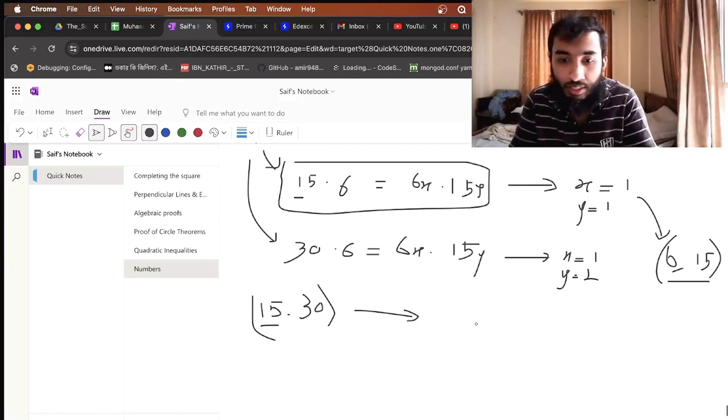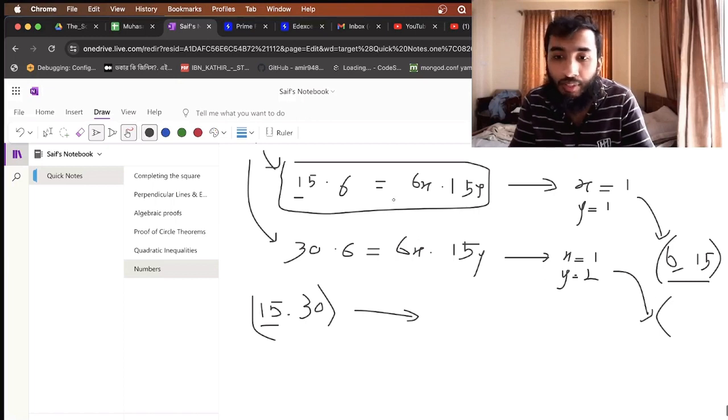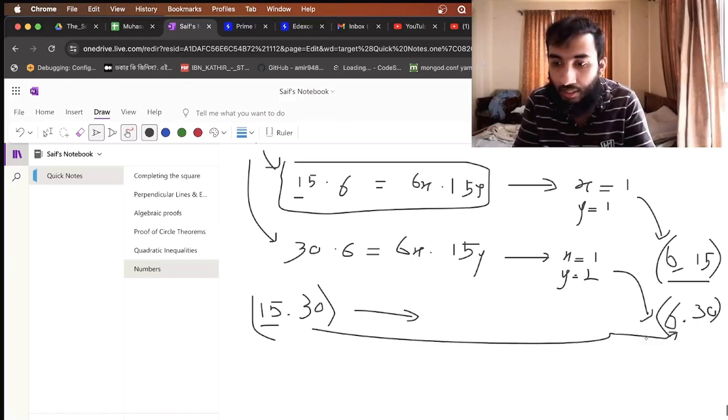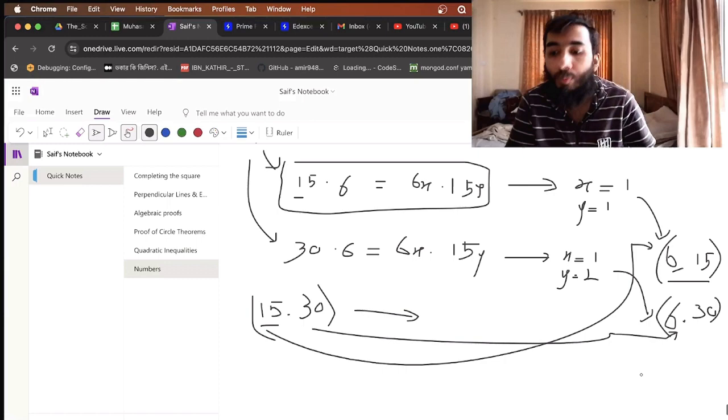And if we take the LCM as 30, then if x is 1 and y is 2, 6 and 30 are the two numbers. So if LCM is 30, then we get 6 and 30 as the two possible numbers.